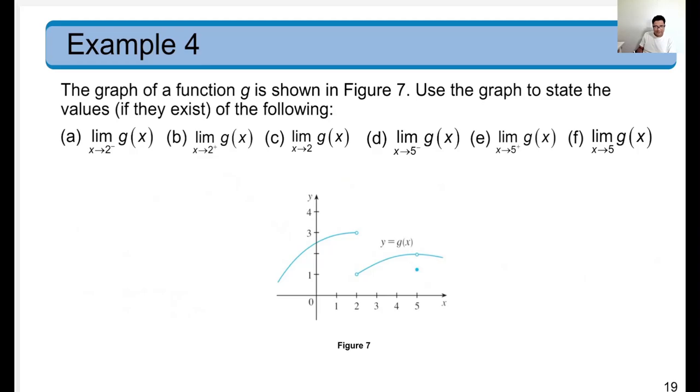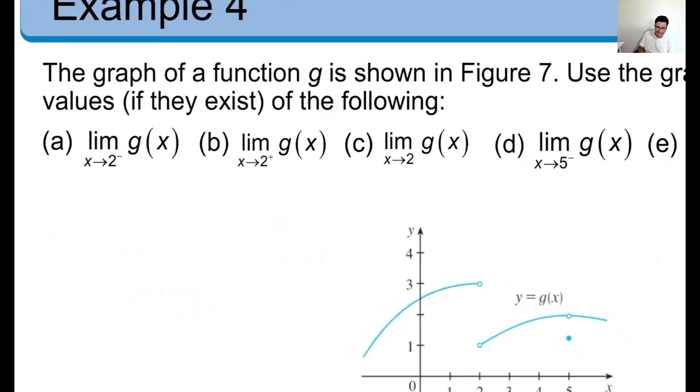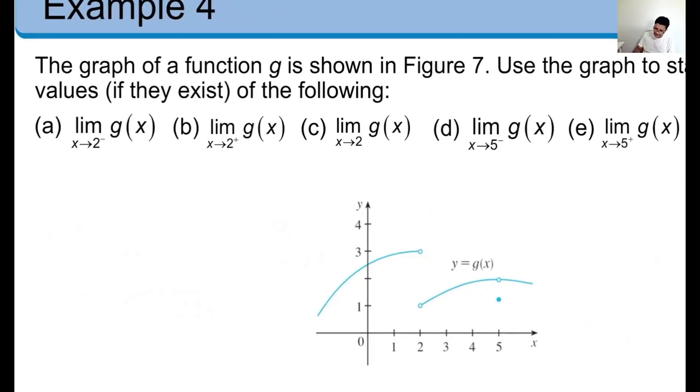The first question is, as x approaches 2 from the left. Let us see here. As x approaches 2 from the left, the values are here, right? So the limit is 3. Yes, I should change the ink.